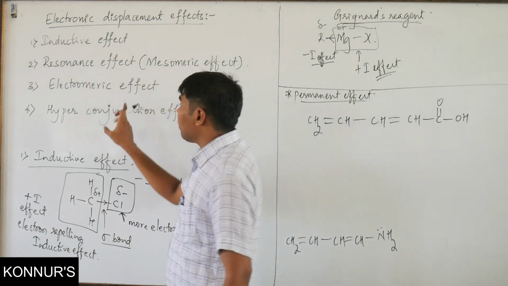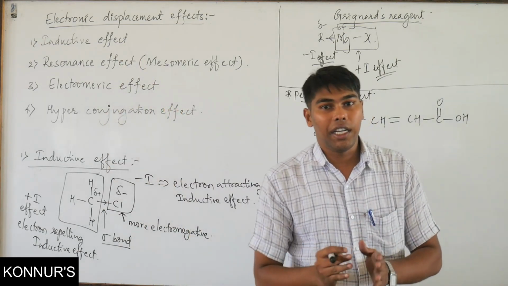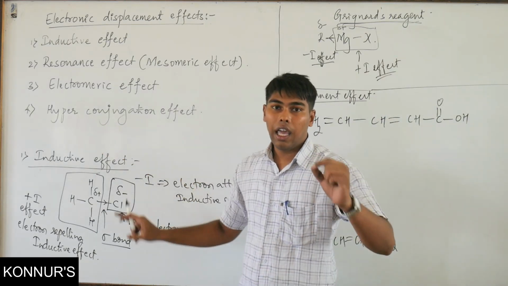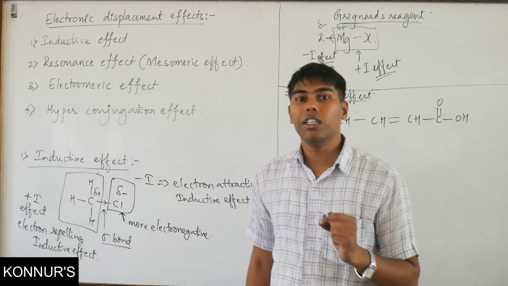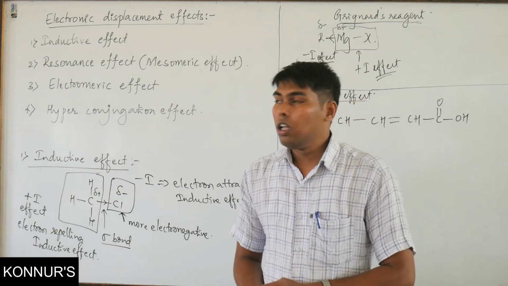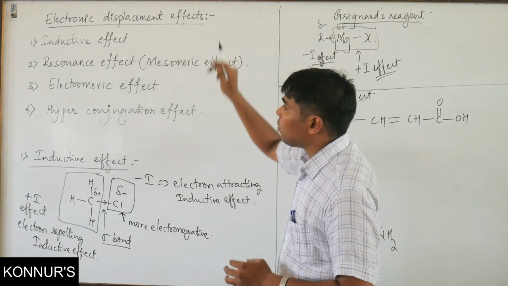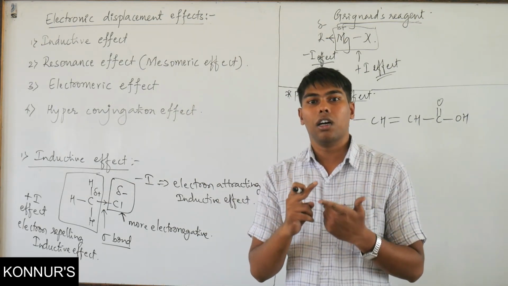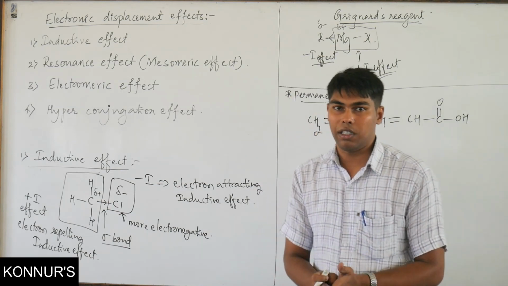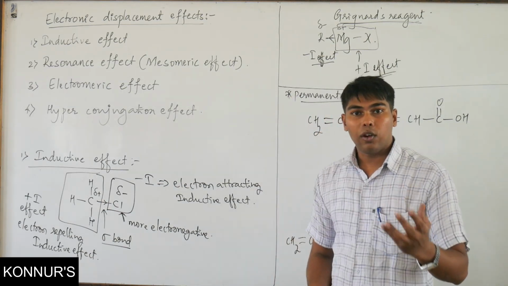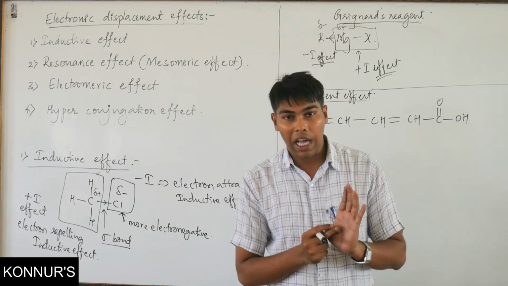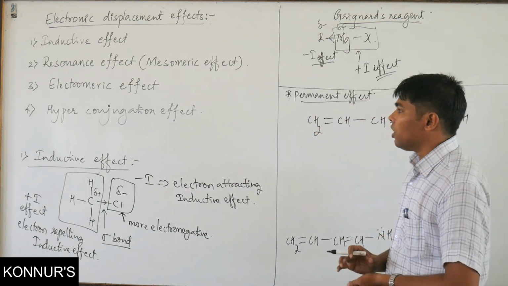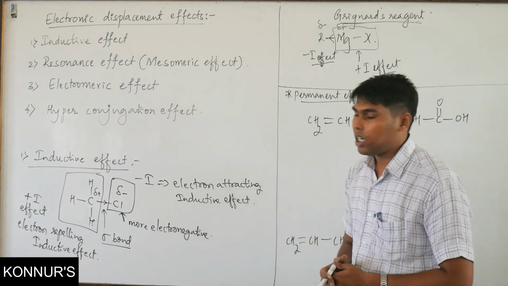All those electronic displacement effects will talk about the polarity, and this effect, in addition to polarity, will also discuss the stability. Electronic displacement will produce a polarity. So polarity and stability, they will give the information about them.